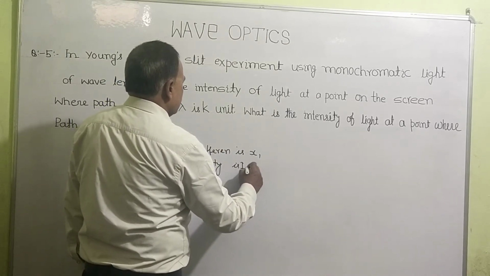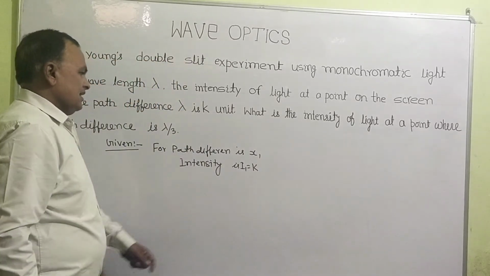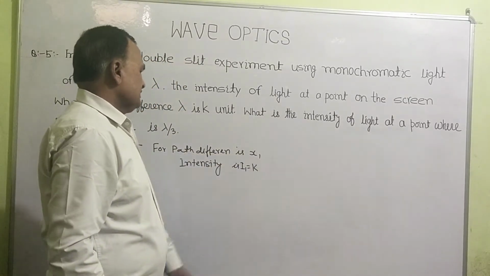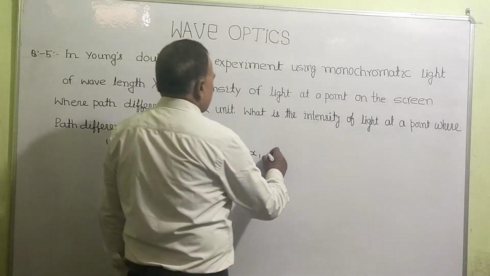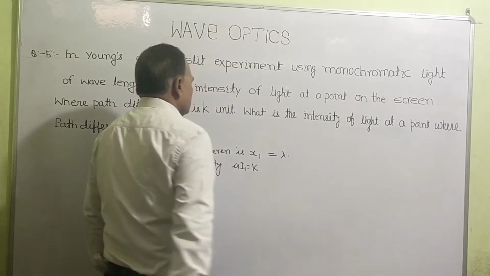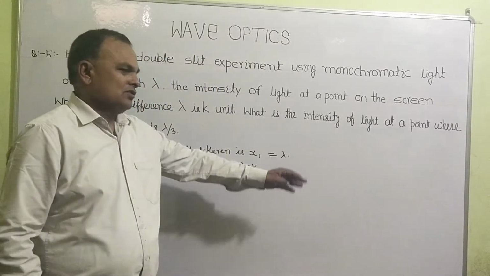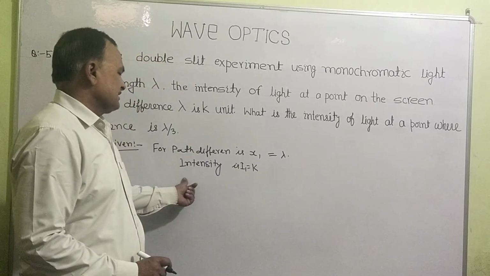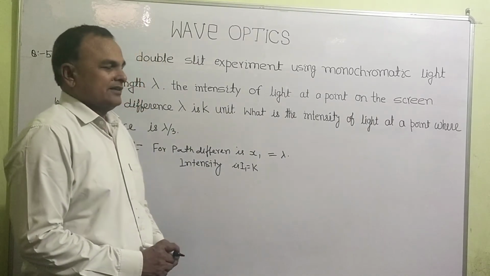It means I1 is k at path difference x1, that means lambda. Path difference x1 is equal to lambda, and its intensity I1 is equal to k.